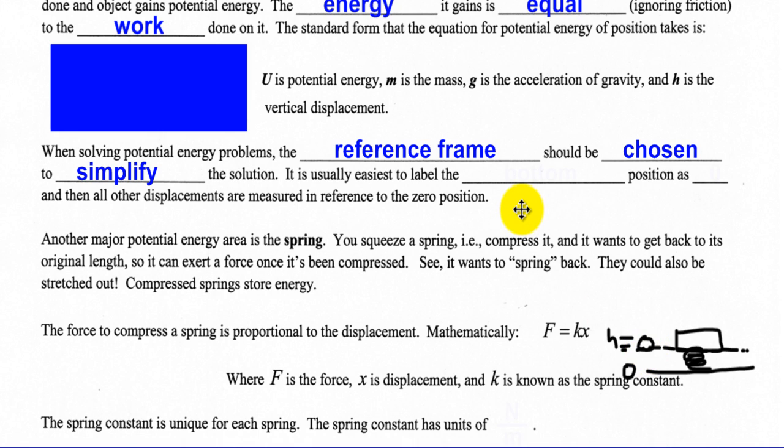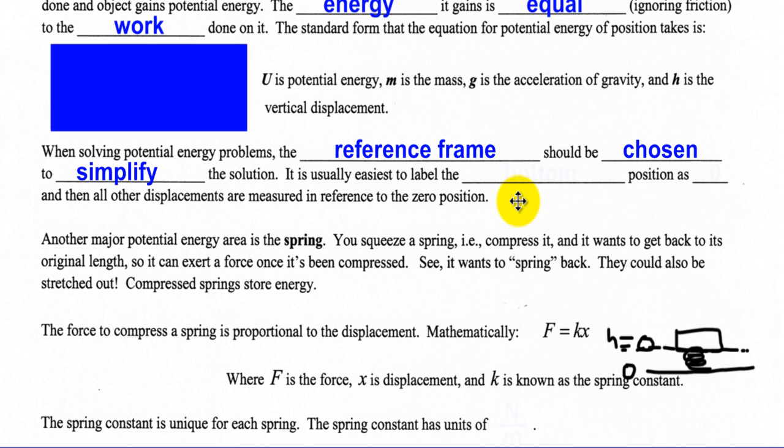Or, let's say it's a stunt diver diving off of a building. He doesn't land on the ground, he lands on some big air mattress cushion that's above the ground. Well, you can make his final position a height of 0, so he ends with no gravitational potential energy even though he's above the ground.